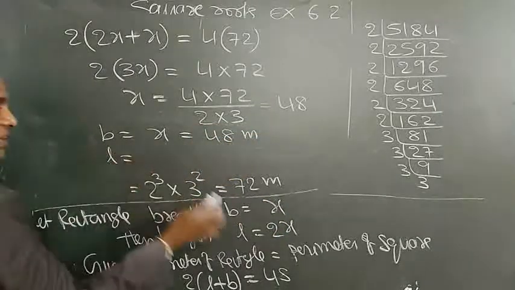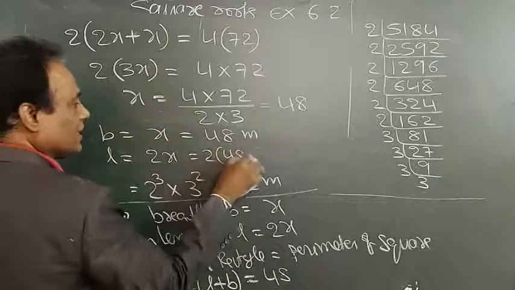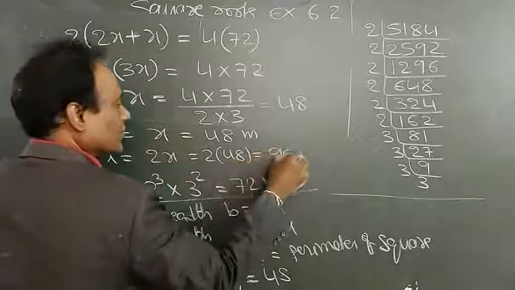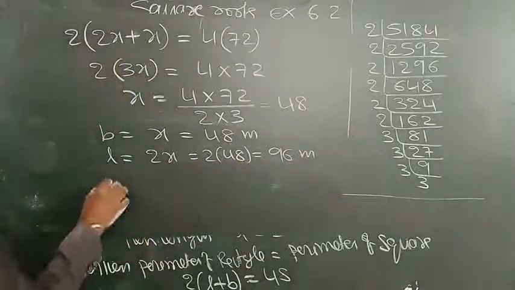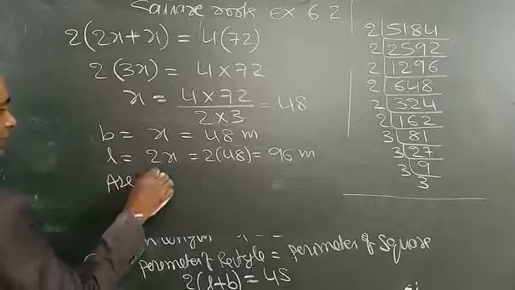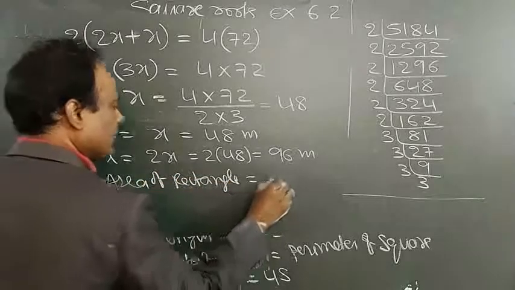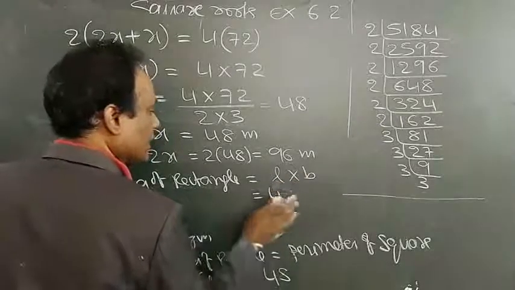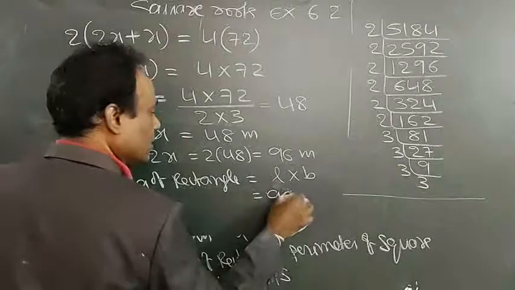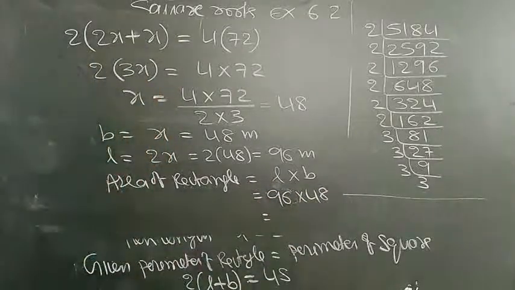Then length is how much, students? 2x, 2 into 48, 96. But what is the question? The question is to find the area of the rectangular field. What is the formula for area of a rectangle? Length into breadth. Length is 96 into breadth 48. Multiply, that is your answer. Right.